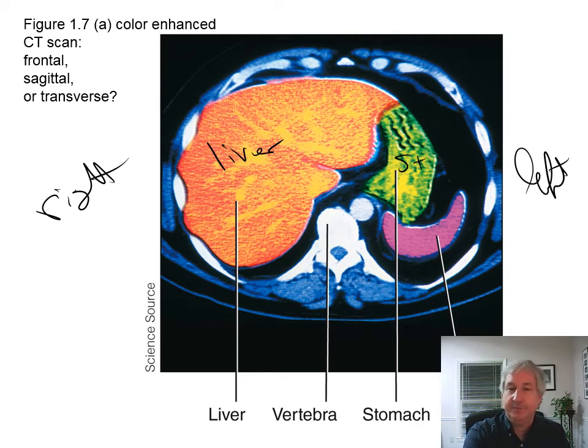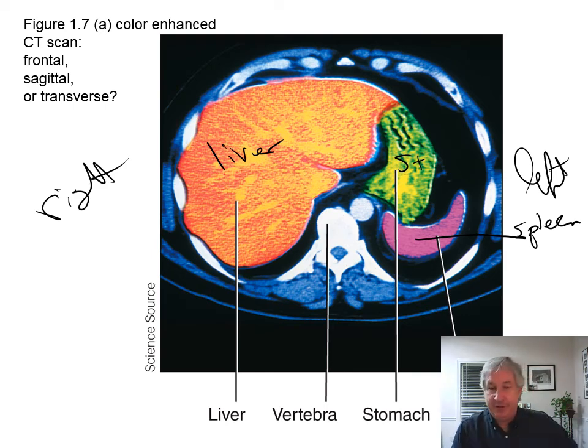Next slide. I guess I should point out the other thing too. If I can find my pen, here we go. That's the spleen there. So on the left side you have stomach and spleen. On the right side you have liver. Just like if you put your hands on yourself, there's liver, and stomach and spleen on the left side.